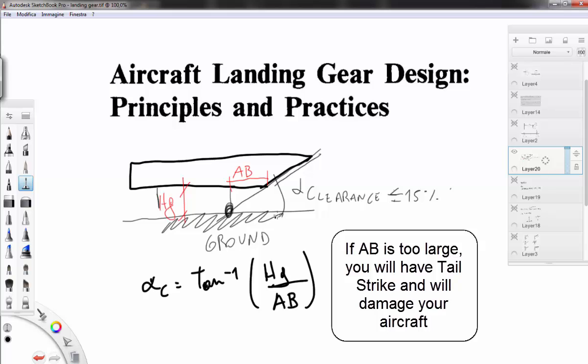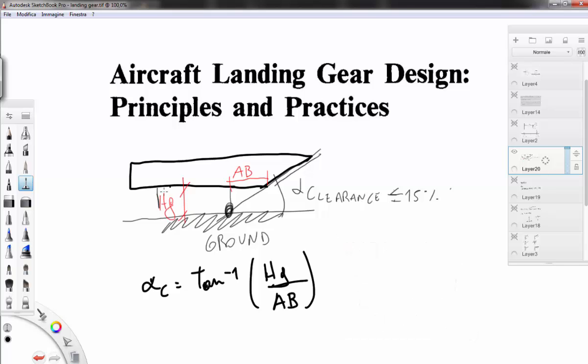You can find this angle, or if you impose 15 degrees, you can find the distance from the end of the fuselage to the connecting point between the landing gear and the fuselage, and the contact point between the landing gear and the ground.